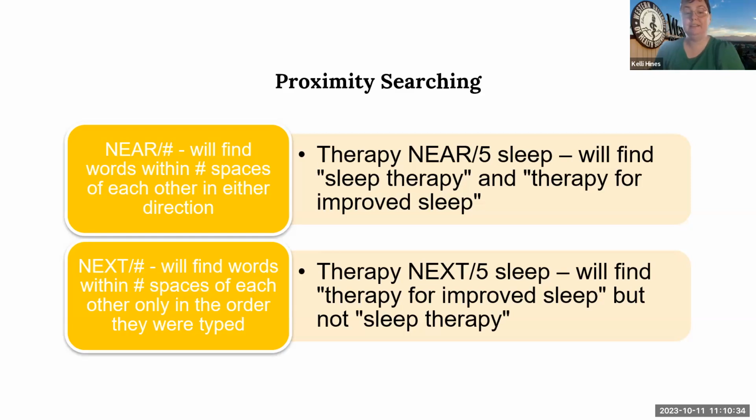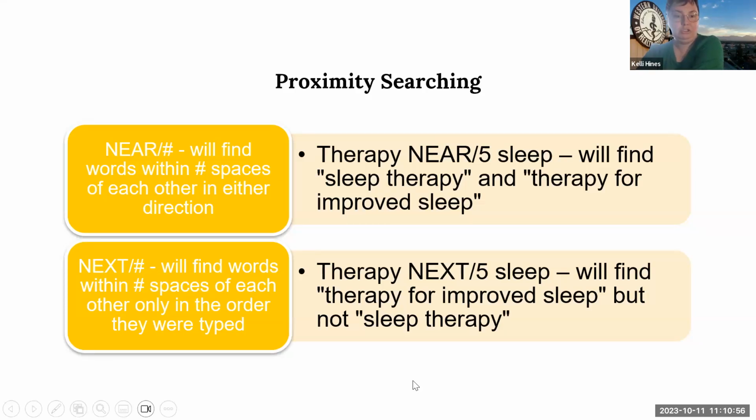But 'next' keeps them in the order that they were typed. So 'therapy next/5 sleep' would not find sleep therapy, but it would pull up articles for therapy for improved sleep.